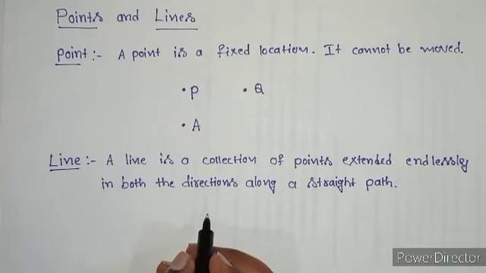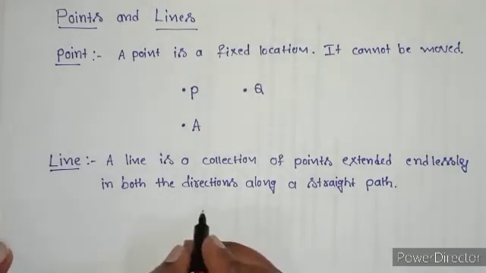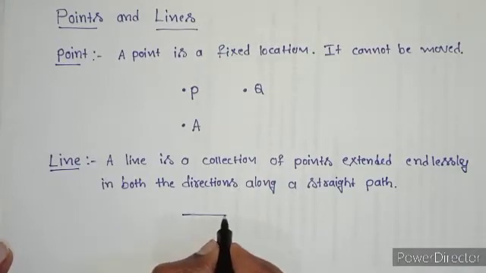When the word line is used, it means a straight line. A line is represented as a double arrow, showing that it can be extended without limit in both directions. All of you see here, like this.